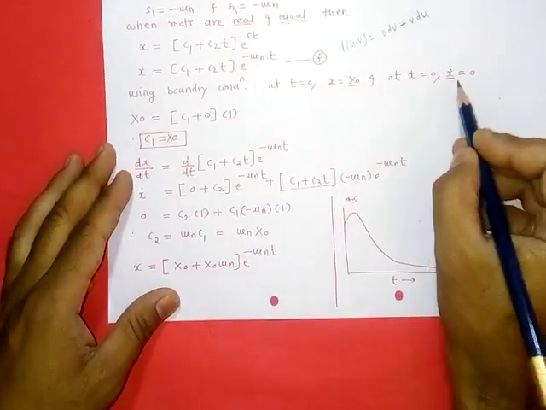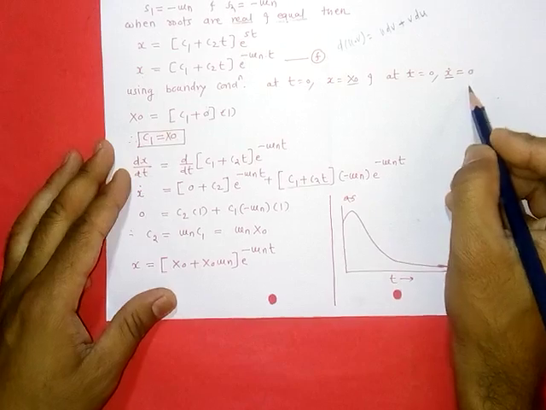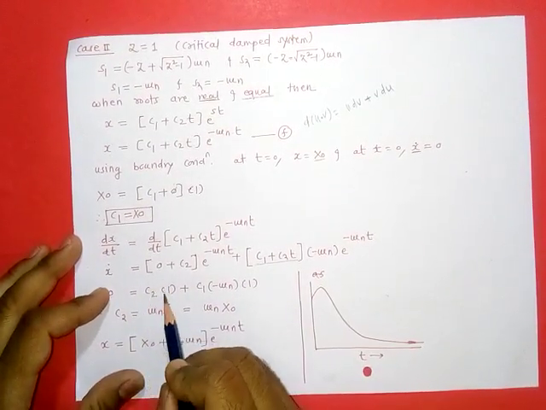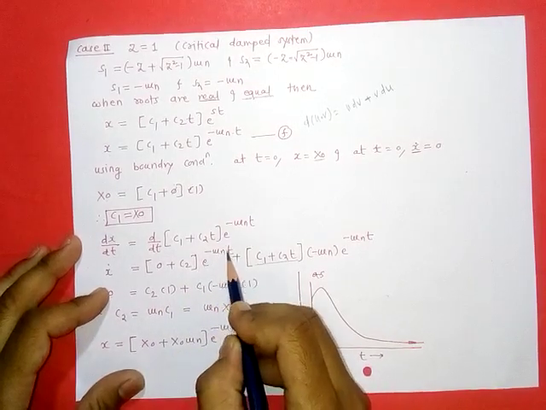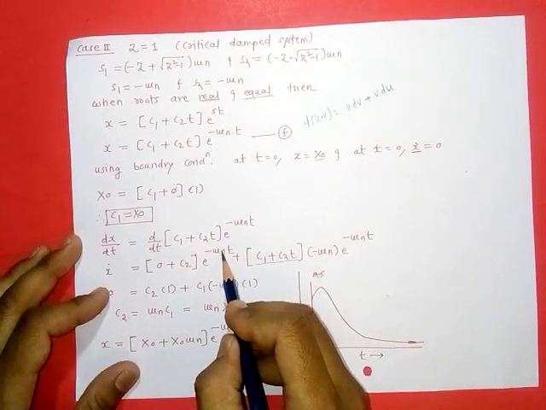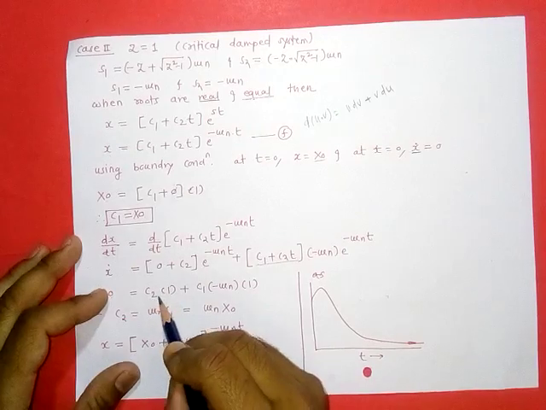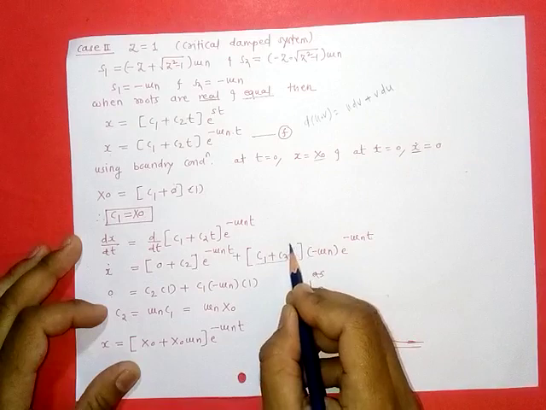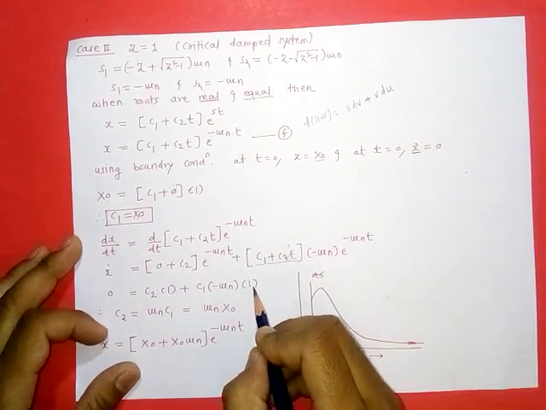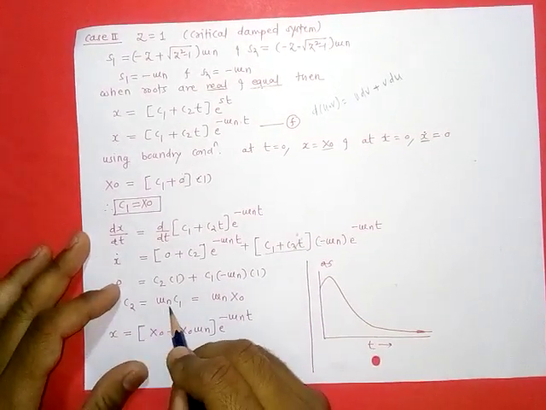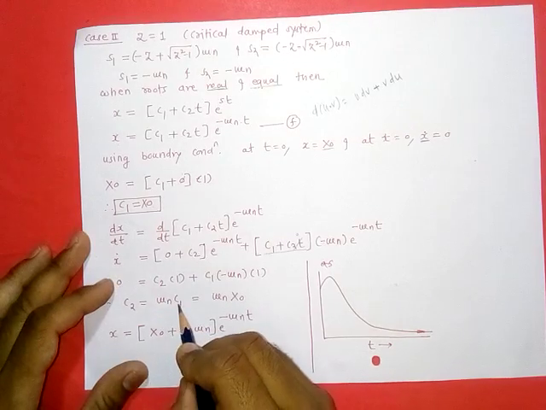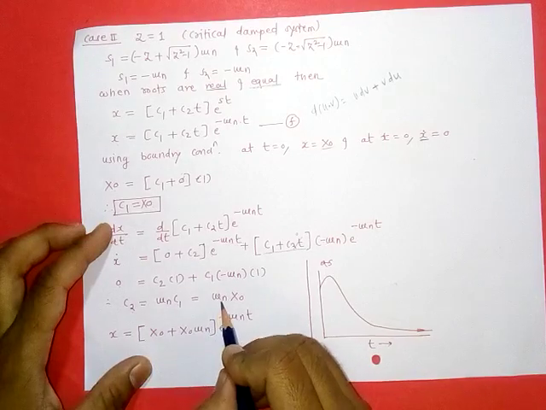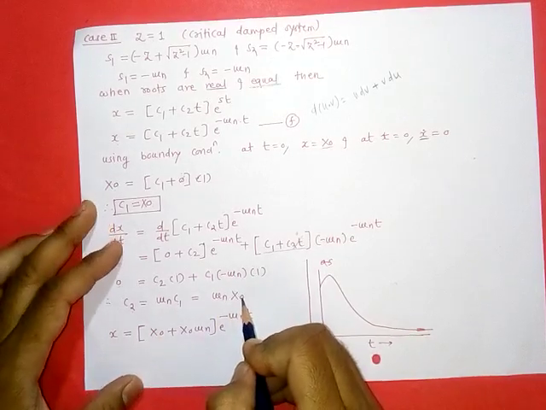Now putting the boundary condition for velocity here, we get 0 is equal to e raised to minus omega n t, which at t equal to 0 becomes 1, so c2 into 1 plus c1 into the term that becomes minus omega n, so c2 is equal to omega n c1. Putting the value of c1 here, we get c2 is equal to omega n into x naught.